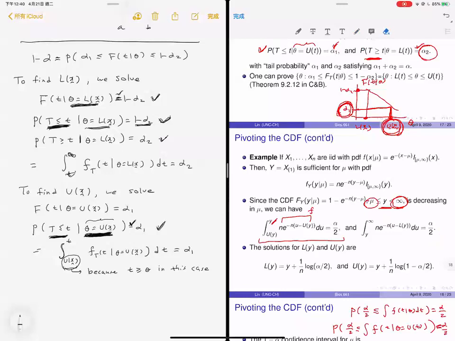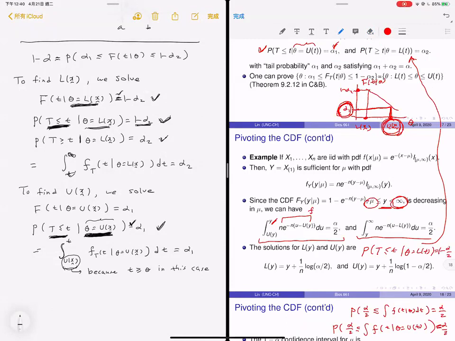Let me point out right here, this guy is coming from this. But could I actually write the probability T smaller than t, given theta is LT, equals 1 minus alpha divided by 2? Yes.